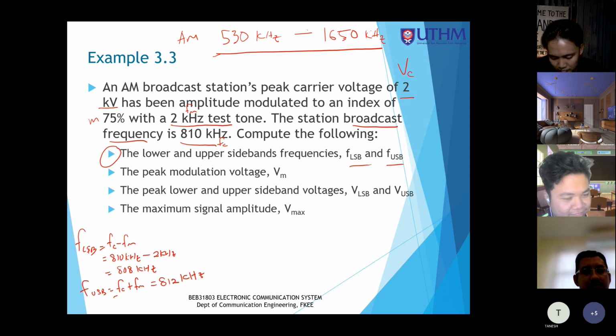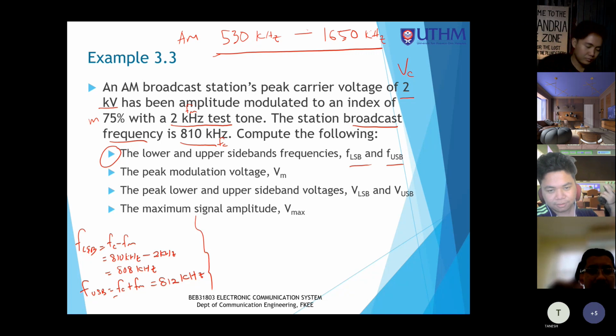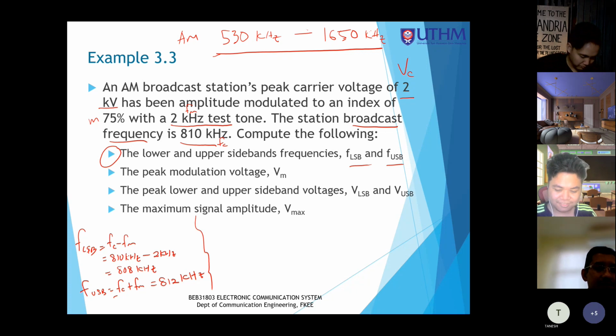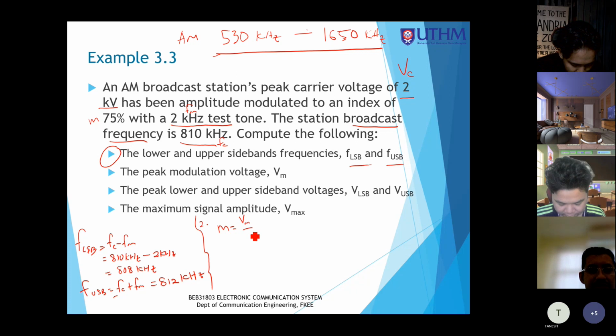And then what? The second question asks you to find peak modulation voltage. Macam mana nak cari? So peak modulation voltage kita boleh cari menggunakan modulation index. Okay, soalan yang kedua dia tanya, so you see that M sama dengan VM over VC. Okay, kita tak tahu berapa VM.